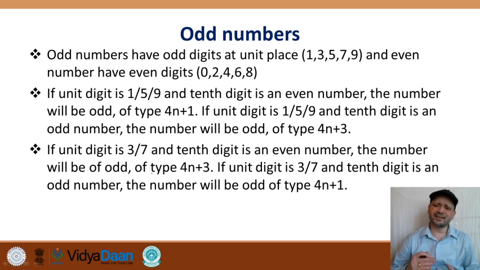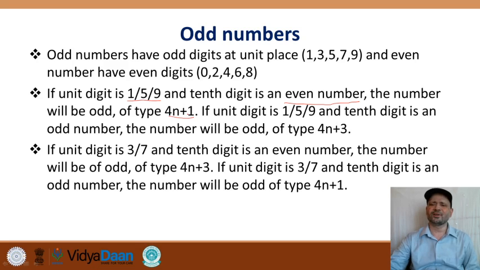Then in odd and even numbers also, when you try to do arithmetic computations, it's better to classify them. Odd numbers are of two types, either 4n plus 1 or 4n plus 3. As you see, a number which has 1, 5 or 9 at the unit place and an even digit at the 10th place will be of the type 4n plus 1.